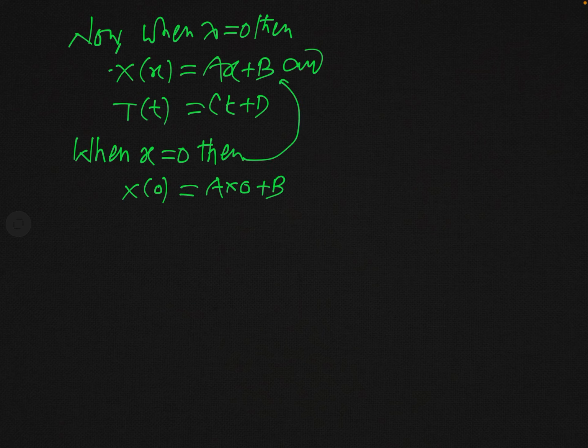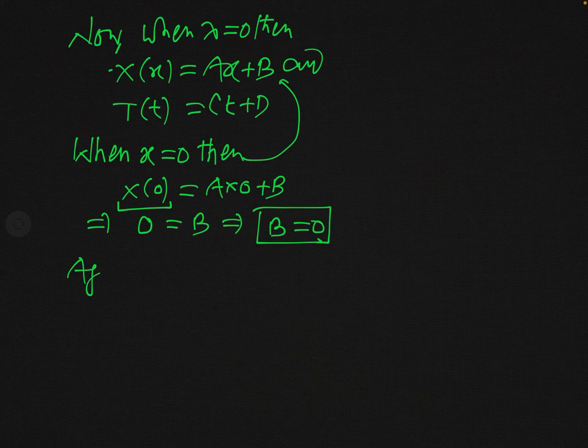I have used this condition here, and as you know, X of 0 is 0, so this will be 0 equal to b, and so this result implies that the constant b is equal to 0.